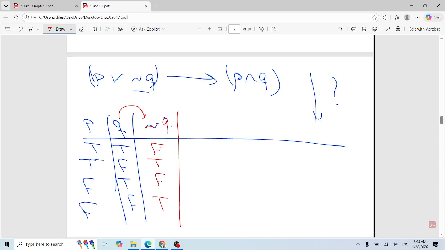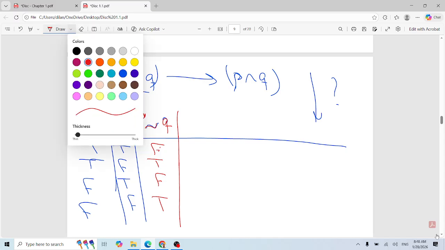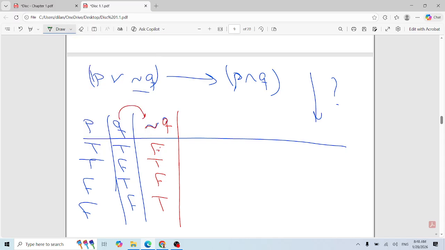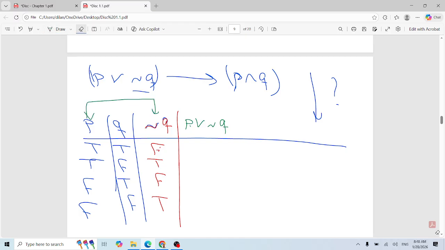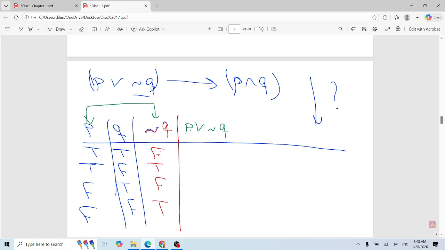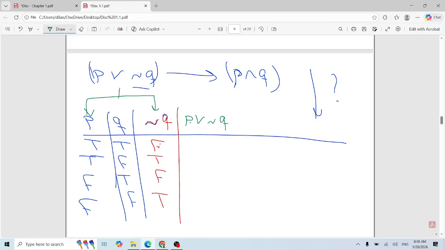Then what else do I need? P or negation Q means this row with that row, joined by or. So I get what? True or false, true.